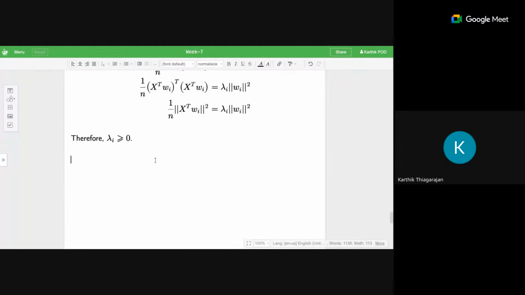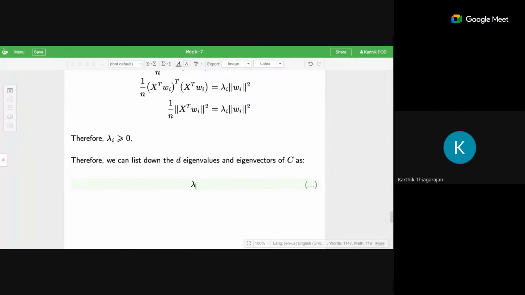So now we come to the main part. Therefore, we can list down the d eigenvalues and eigenvectors of C as follows. I'm going to list them in a particular order. Lambda 1 is the biggest eigenvalue, I will list it first.